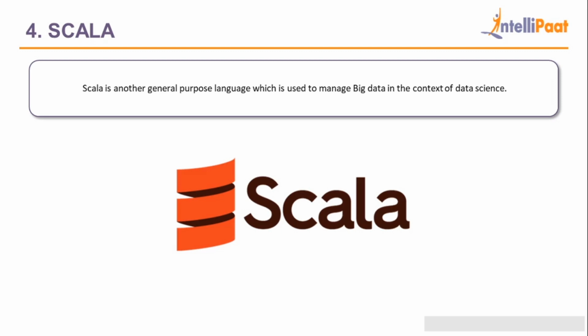A language that is useful for a data scientist has to be very readable, because you can write very good code in it, but you need to be able to read that code also. And Scala has that issue, it is very difficult to read code in Scala. But Scala is an ideal programming language when it comes to dealing with large amounts of data. So you need to keep this particular language in mind. That's why it ranks 4th.